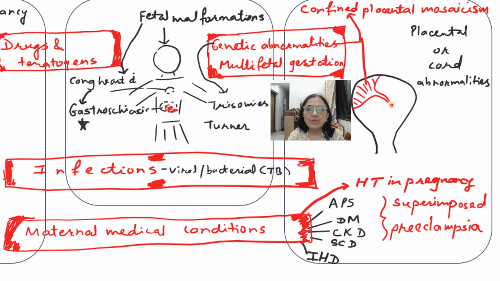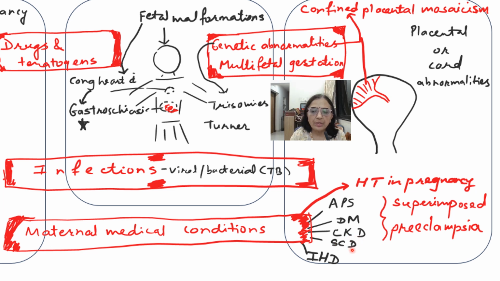Coming to placental causes, placental or cord abnormalities are a risk factor for development of fetal growth restriction. Here, the common causes for maternal and placental are hypertensive disorders in pregnancy, especially superimposed preeclampsia, antiphospholipid syndrome, diabetes mellitus, pre-gestational diabetes, then chronic kidney disease, sickle cell disease.